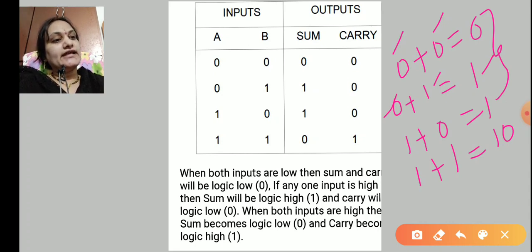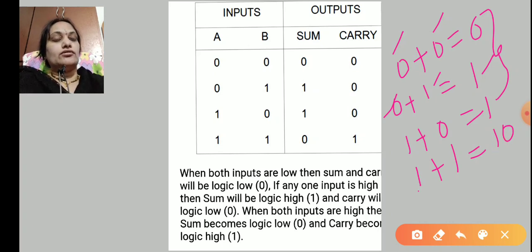In these three conditions we are getting a single bit. And in case of 1 plus 1 we are getting 10. That means while adding 1 bit plus 1 bit, instead of getting 1 bit we are getting 2 bits. Additionally 1 bit is coming. That additional 1 bit is called carry. This one is called carry.